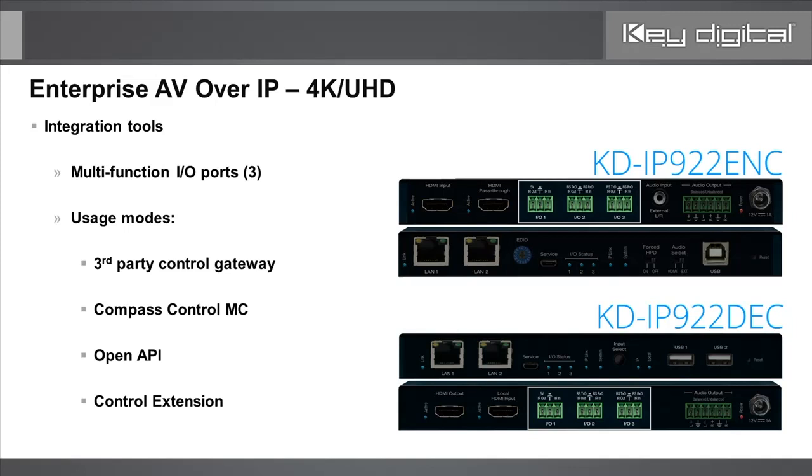Or we also have our KeyDigital open API, so that these ports can be an extension, an expansion to your third-party control system if it supports advanced communications like that. Or you could just use this to build control over IP extensions or connecting blocks.